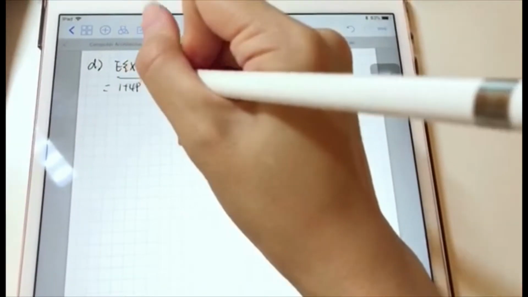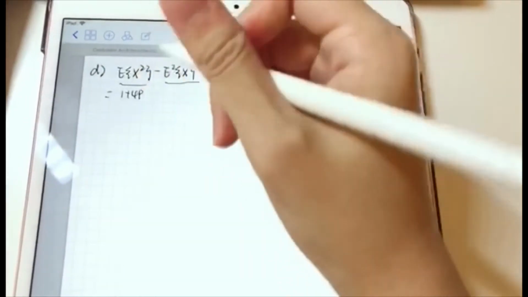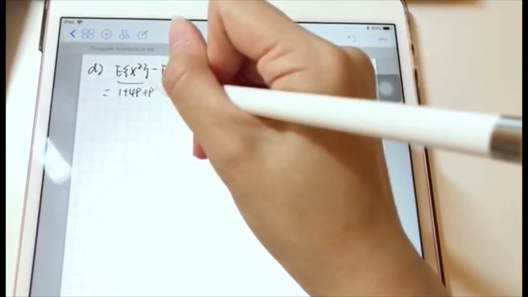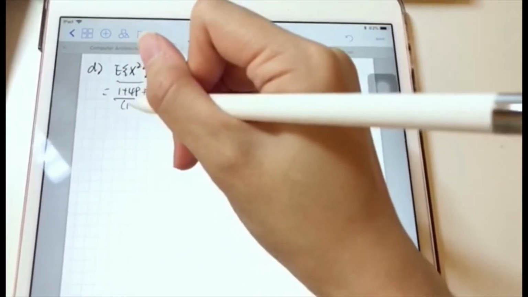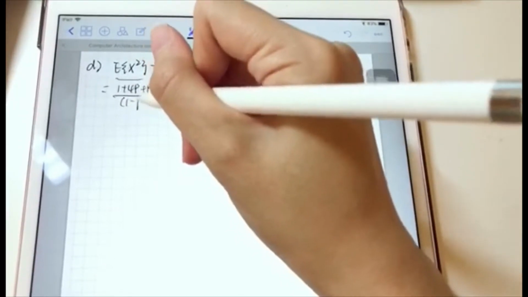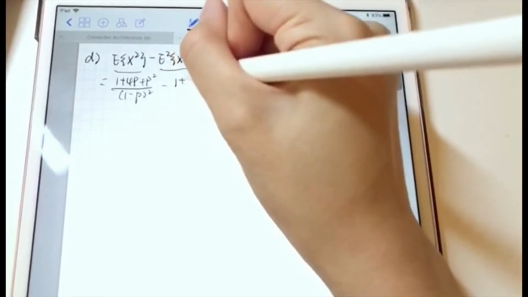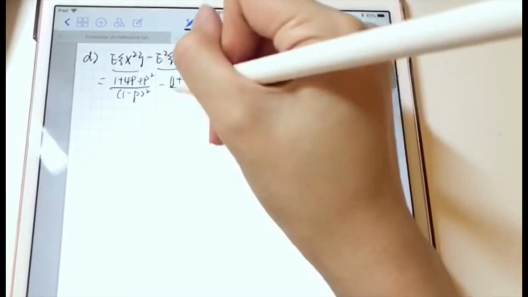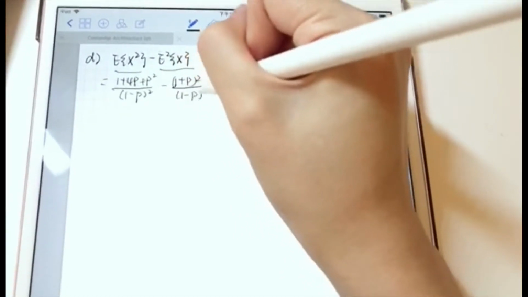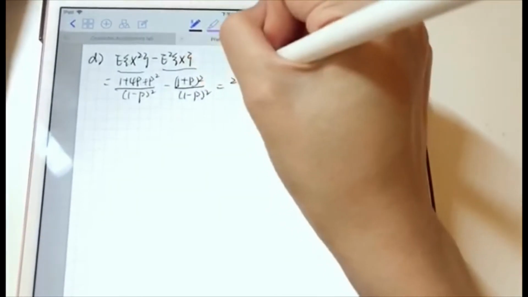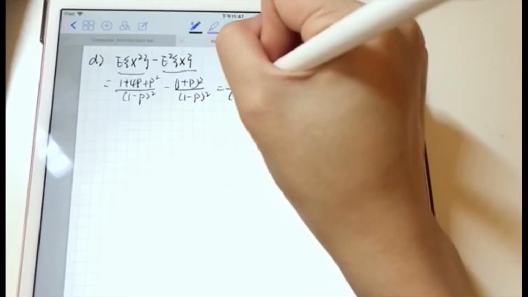That will be 1 plus 4p plus p squared divided by 1 minus p squared, minus 1 plus p squared divided by 1 minus p squared. That will be 2p divided by 1 minus p squared.